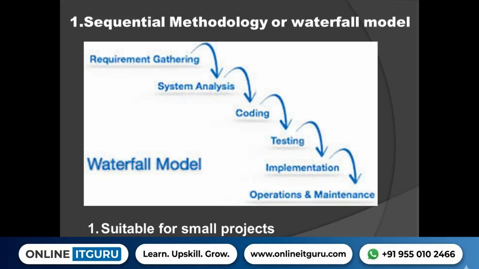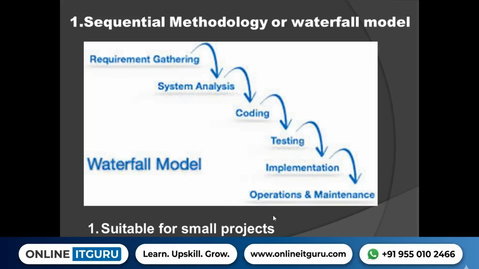Okay, and why is this methodology known as waterfall model? In the sense, if you see the flow of activities, it resembles water falling from upwards to downwards, from top to bottom. So that's why it is known as waterfall model.